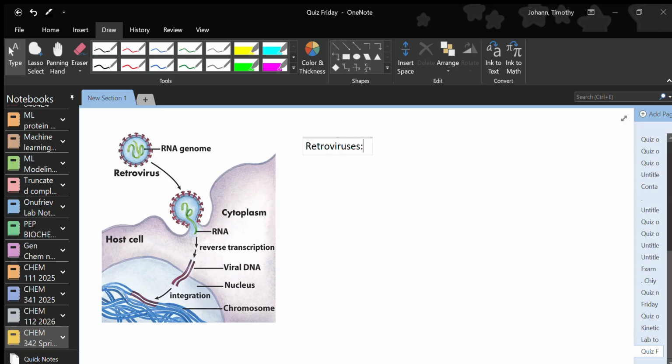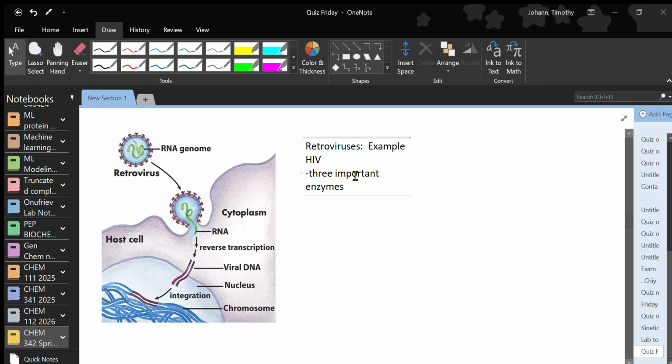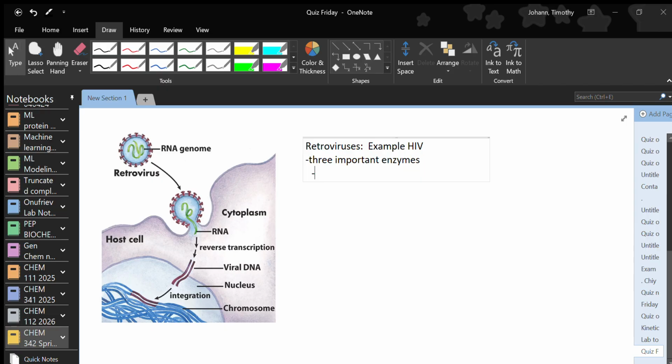So an example is HIV. We've got 3 important proteins or enzymes. They are protein enzymes, and this is really in terms of thinking about drug targets, but they're very important for the life cycle.